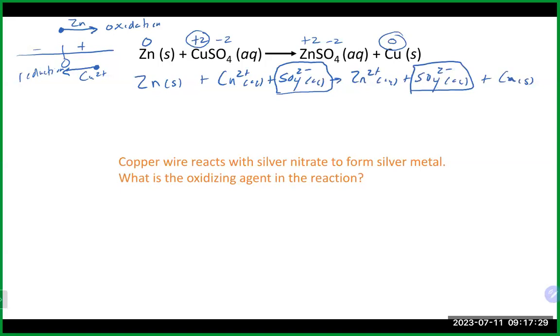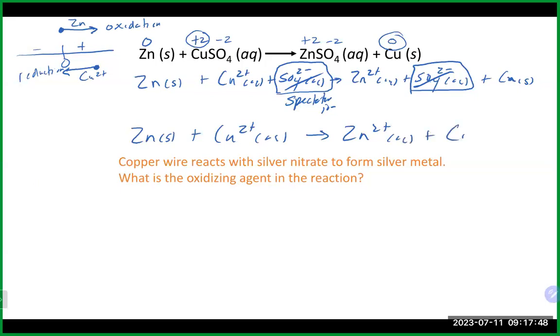Yeah, so this is our spectator ion. Just like we did before, we could cancel it out, and we would be left with a net ionic equation, which really shows the redox reaction that is taking place here. So this is our net ionic equation. That is our total ionic equation there.